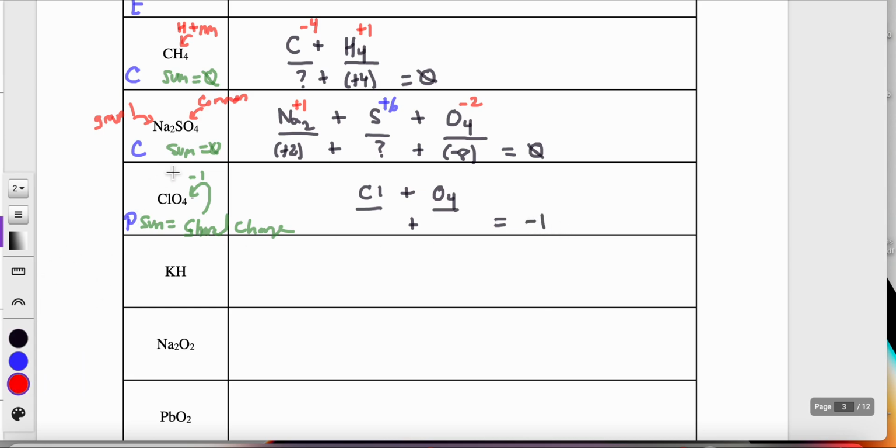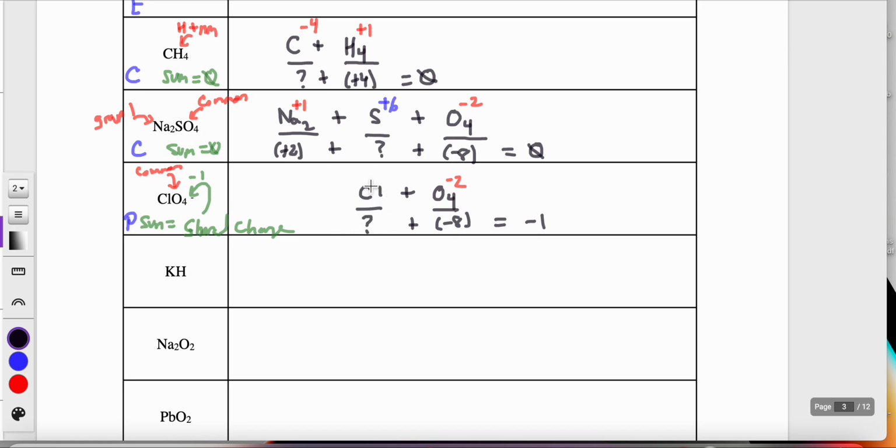I notice that there is oxygen present. Since the formula ends in O4 and not O2, I know it's not a peroxide. Oxygen's not bonded to fluorine, so it is common oxygen. Each of the oxygens is using a -2. 4 oxygens, each using a -2, the total negative charge supplied is a -8.